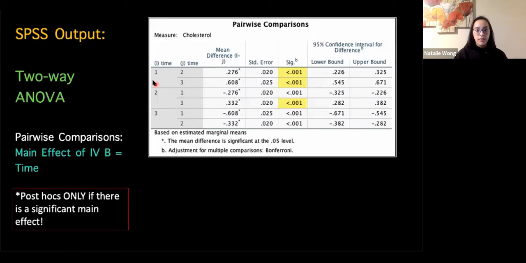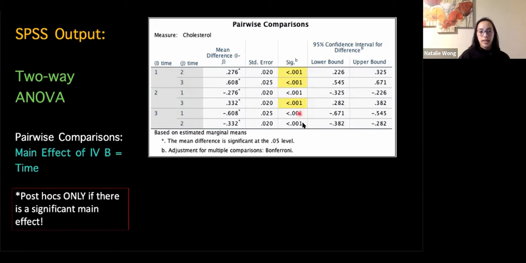For our second main effect, time, 1 in this instance is the pre-measurement, 2 is the mid, and 3 is post. So when we consult our significant pairs, we can see all 3 possible pairings are significant.